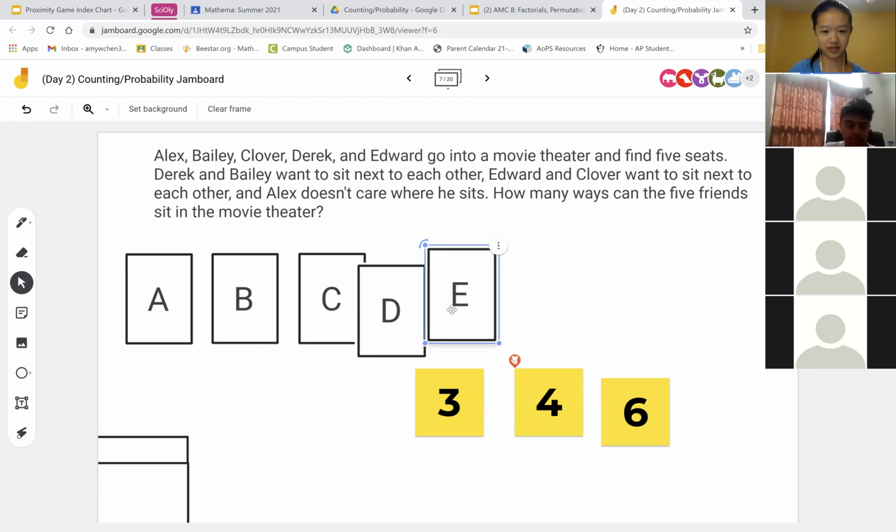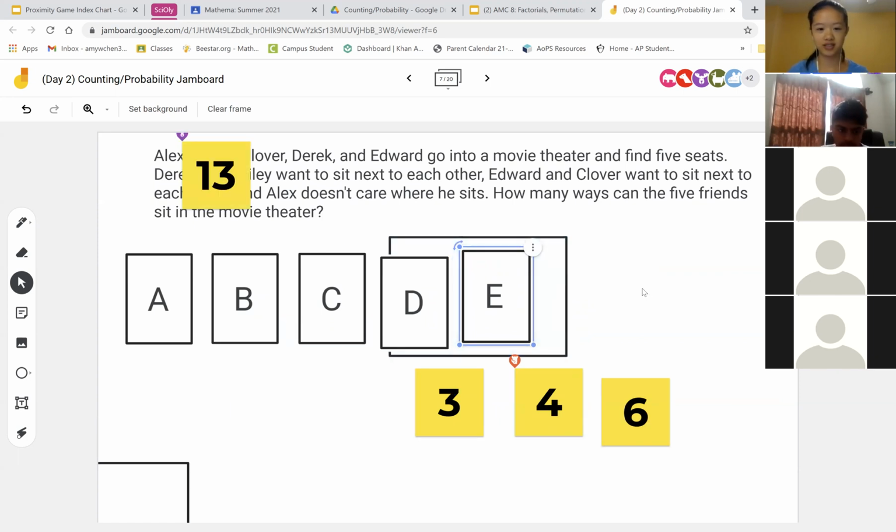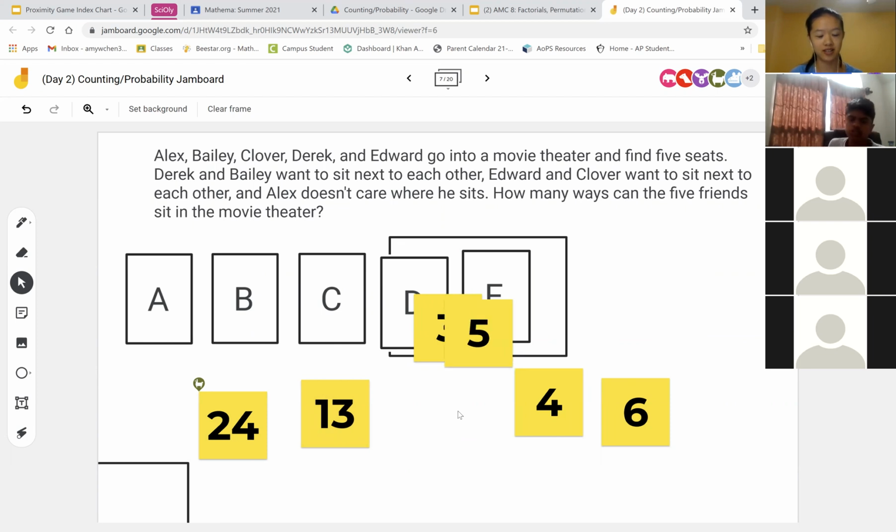I'll ask you how you got your answer and how you approached it first. It's definitely a trickier problem. Would it be 6? I think you're on the right track, maybe. Why don't you try to explain how you got to this?